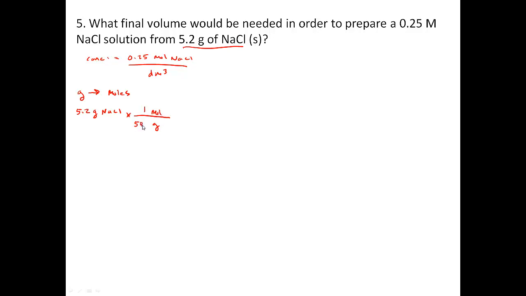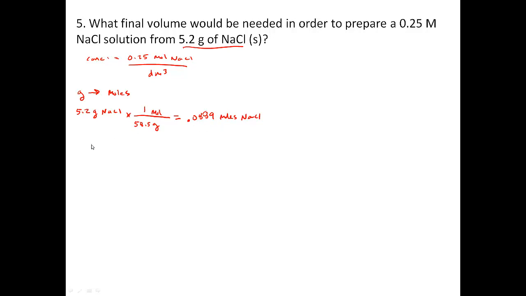This is the same thing as setting up our ratio problem. I'm just doing it in a little different way. I'm dividing our mass by the molar mass, and that's going to give me how many moles I have. I'm going to get 0.0889 moles of NaCl. Whenever you divide a mass by its molar mass, you're going to get moles. Okay, so that's how many moles I have.